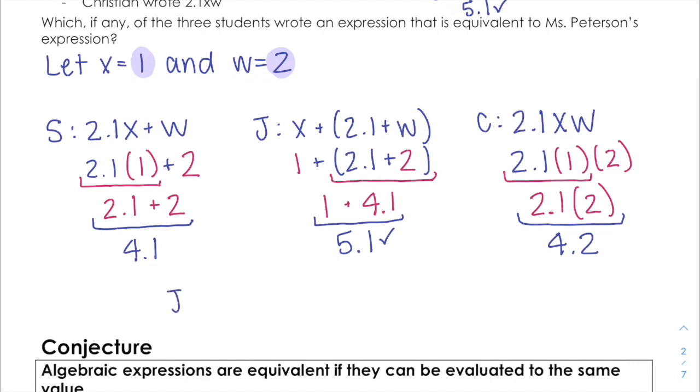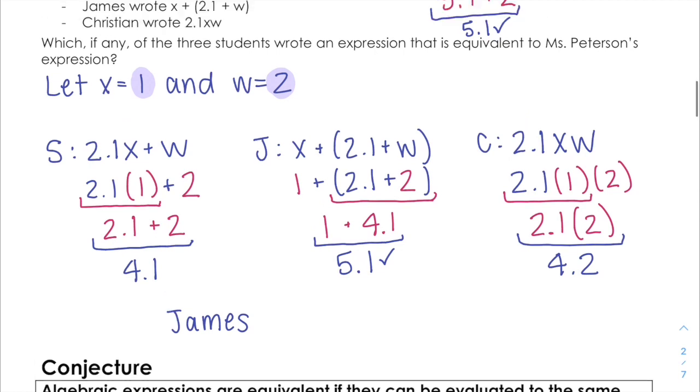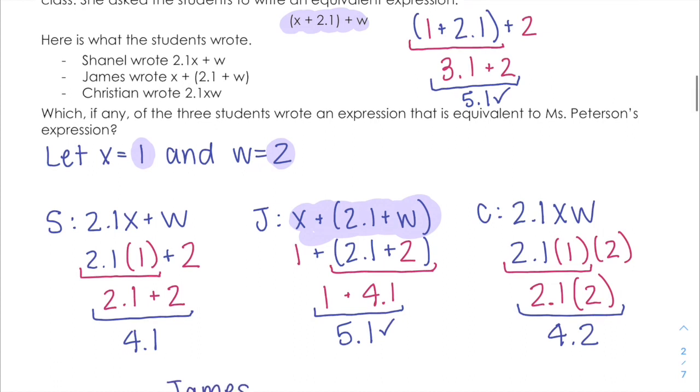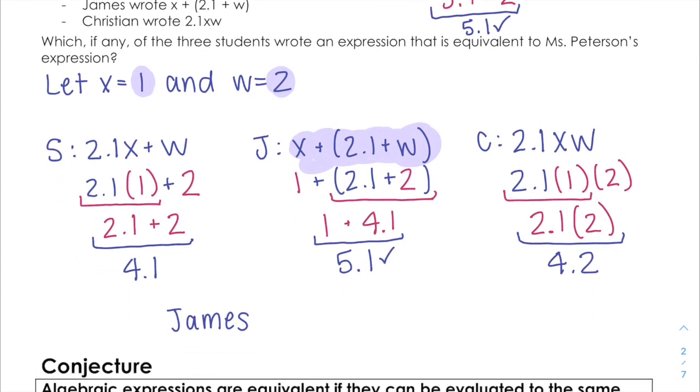So all we have left to do is write an answer statement. James, and I'm going to say what property was applied here. Now this involved grouping. If you look at Miss Peterson's original expression and you look at James's original expression, the grouping is the only thing that's different. In Miss Peterson's, they group x and 2.1, and in James's, they group 2.1 and w. So James is using the associative property.